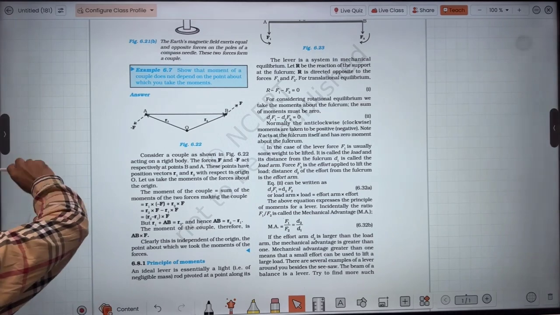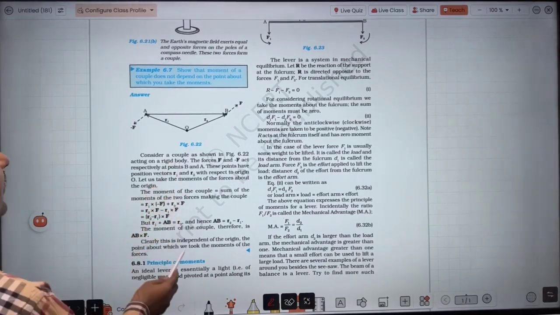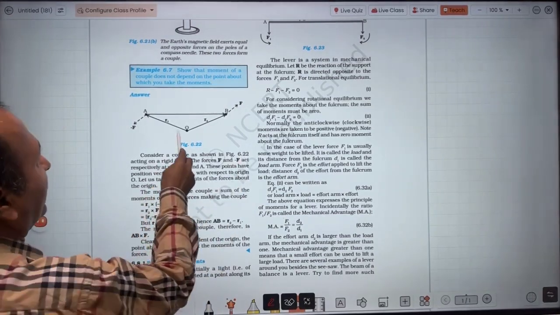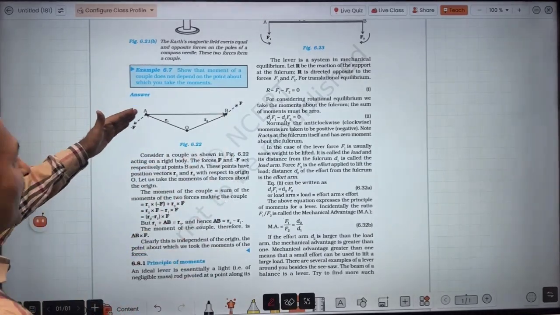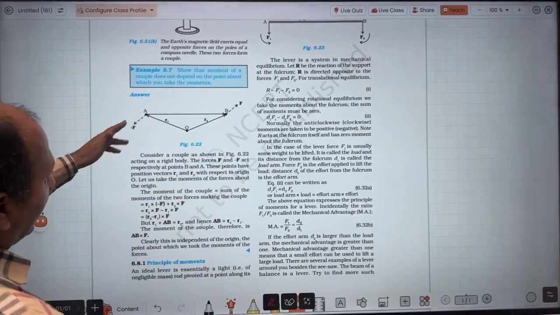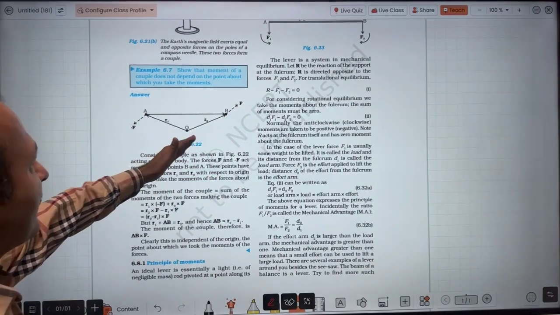So here, in order to take moments, we have to take into consideration the distance and the forces. So consider a couple as shown in the figure acting on a rigid body. Here one force is in this direction, another force is in this direction. This force is taken as negative, this is taken as positive, and there is a perpendicular distance between them.